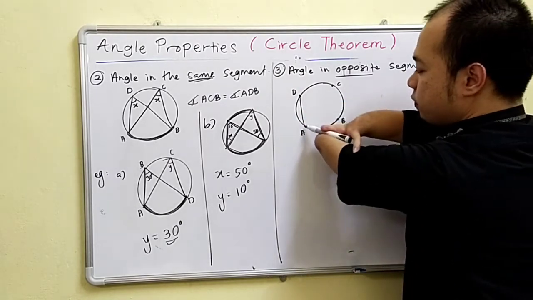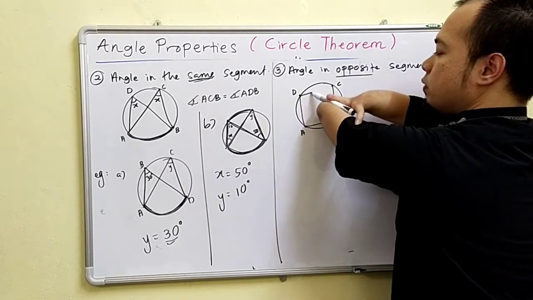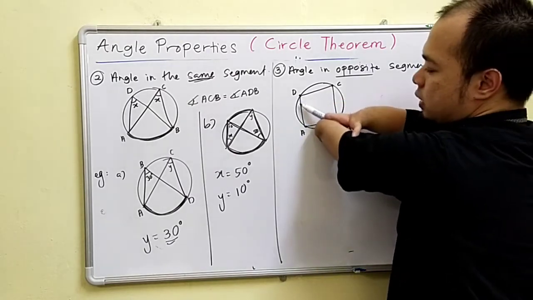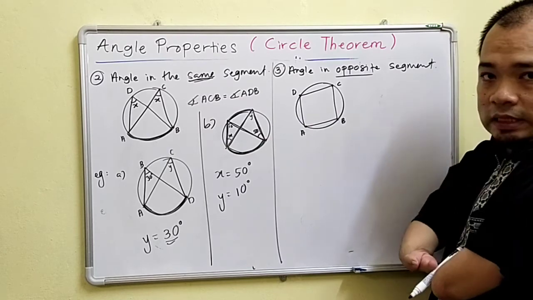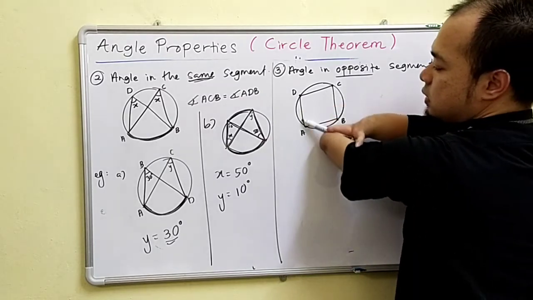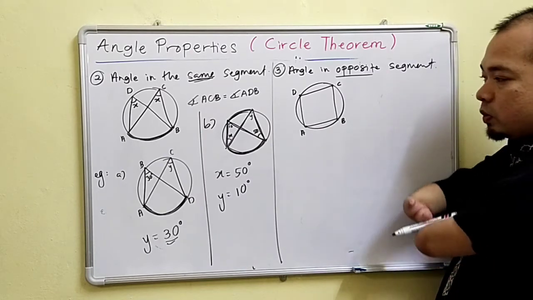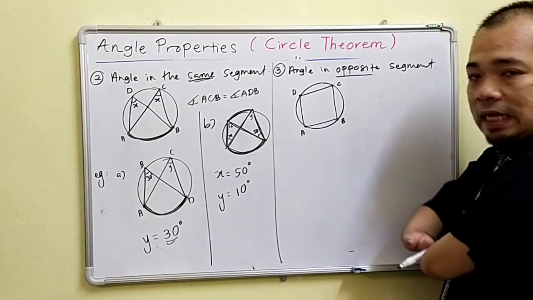And then from A to B, from B to C, and from C to D. If you look over here, inside this circle, it looks like a quadrilateral. This quadrilateral we call cyclic quadrilateral because point A, B, C, and D, they are concyclic points.